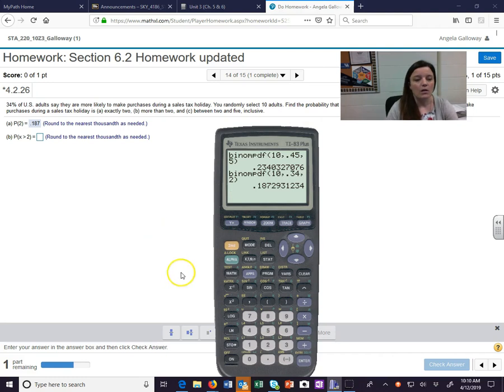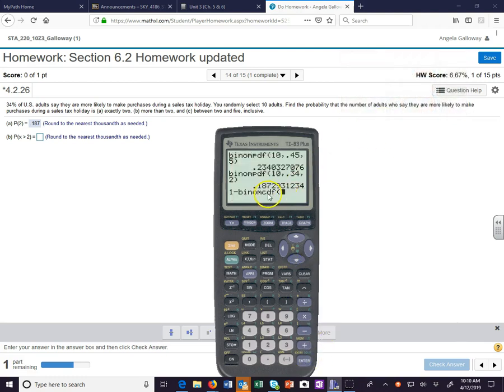So we would do the complement rule, 1 minus, and then we'll go back to the distributions and get a CDF, with 10, 0.34, and 2.